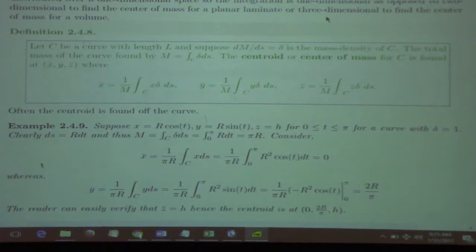So you can geometrically tell where the center of mass should be. It should be somewhere along this line, maybe like here, right? Assuming constant density, the center of mass is where the centroid is. They're one and the same.